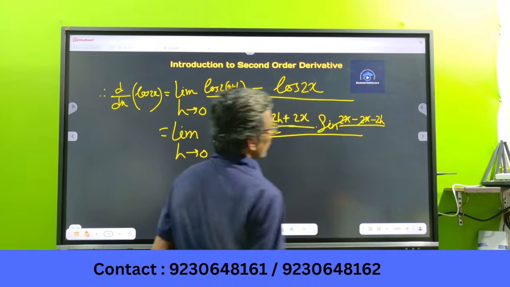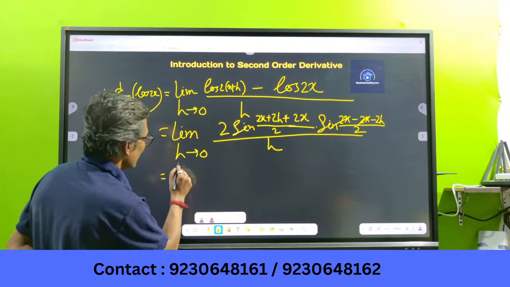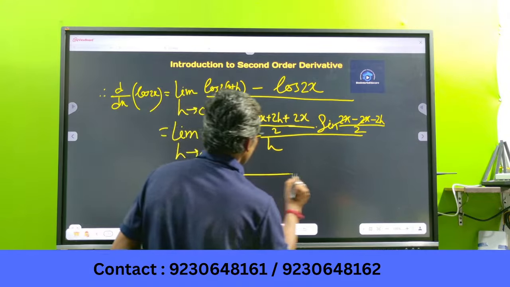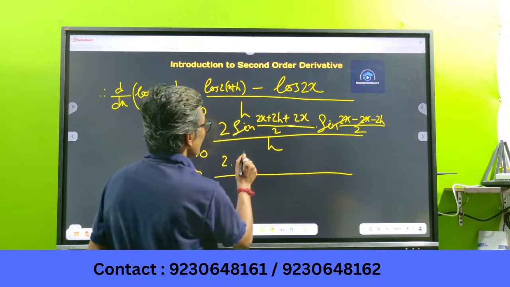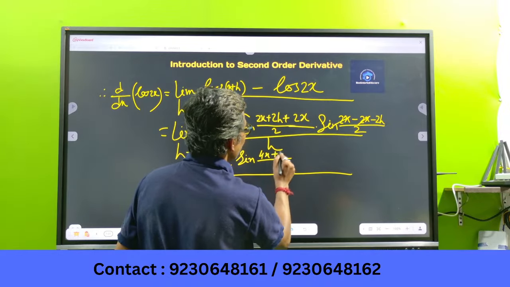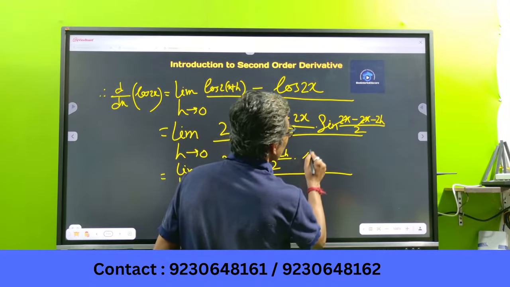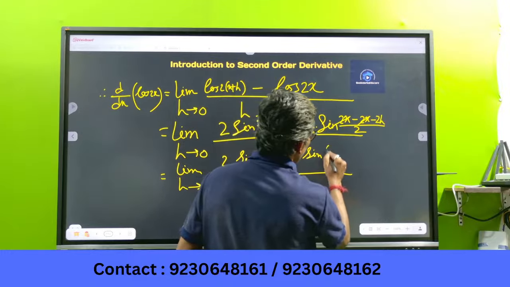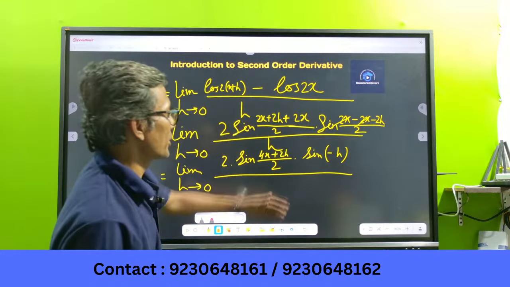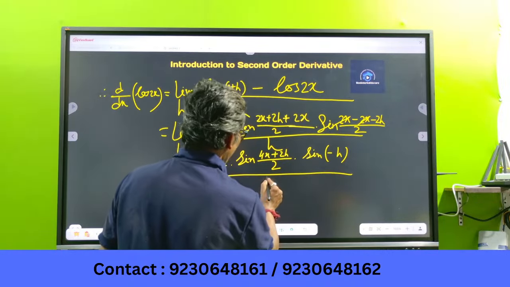So 2x will be eliminated. Limit h tends to 0, 2 into sin(2x plus h) into sin of minus h, by 2h. 2 is also eliminated from denominator and numerator. So sin of minus h by h.